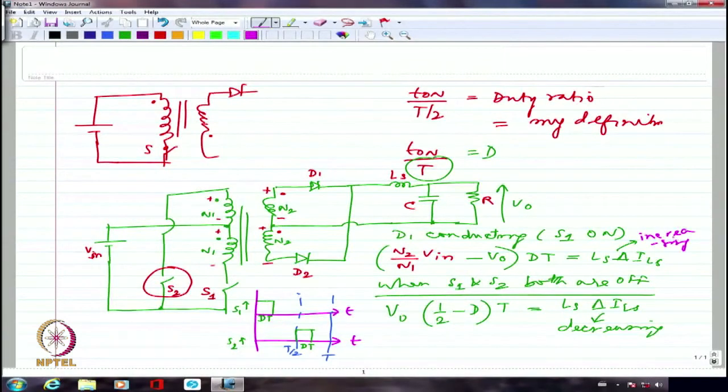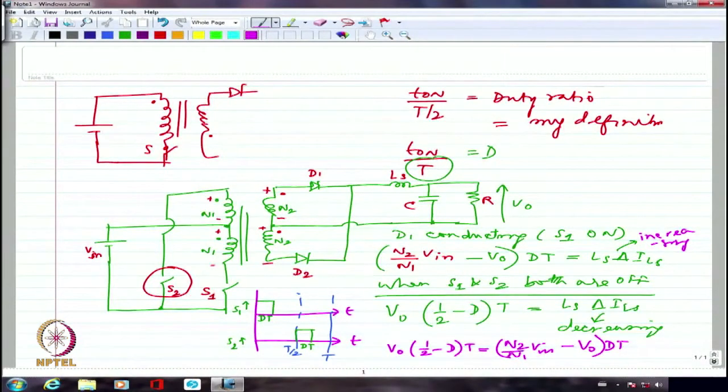Now you have to just equate these two, from which you should be able to get the expression for V in by V naught. So we can say V naught multiplied by half minus D multiplied by T equals N2 by N1 multiplied by V in minus V naught dt.